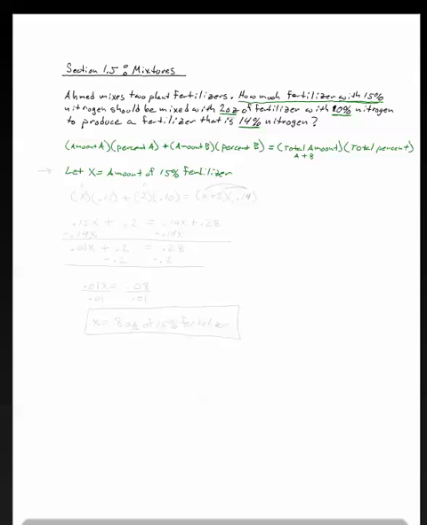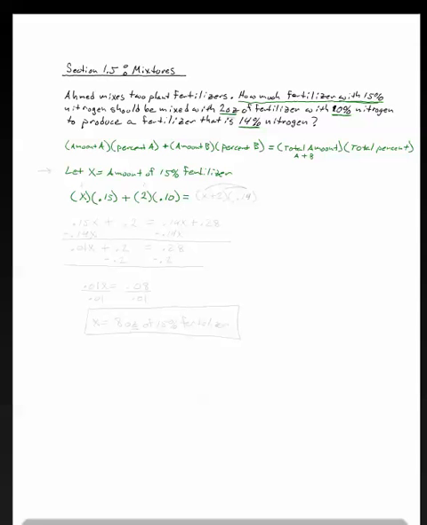Now, using our formula, we just say the amount of A, well, that's the amount of 15% fertilizer, so that's X, times the percent of A. 15% is 0.15, plus the amount of B, that's our other percent of fertilizer, so there's 2 ounces of fertilizer with 10%, so the amount is 2, times the percent of B, well, that's 10%, so 0.10, equals.